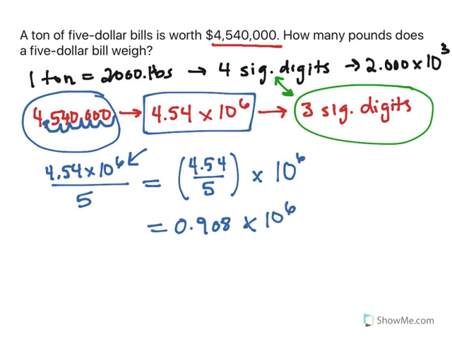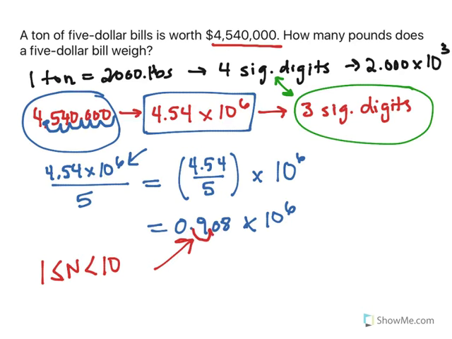We need to put this number in proper scientific notation. So that means that this number must be greater than or equal to 1 and less than 10. To do that, we need to move this decimal place over 1 space to the right.